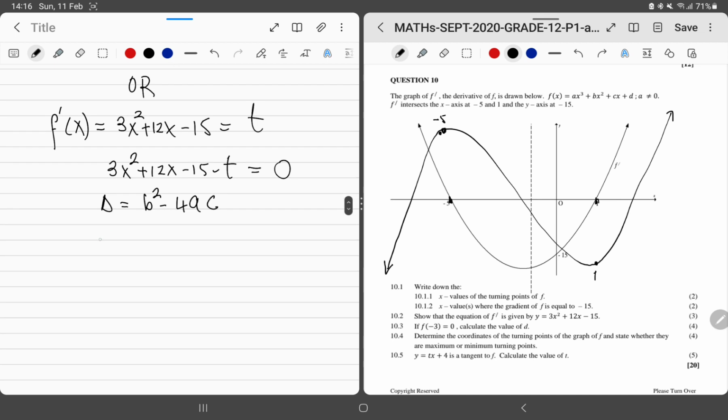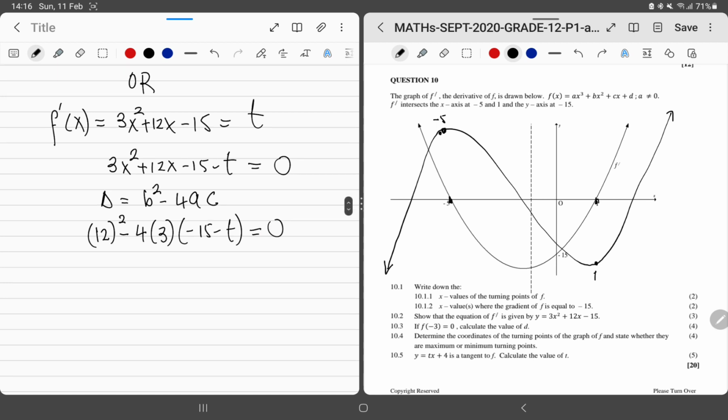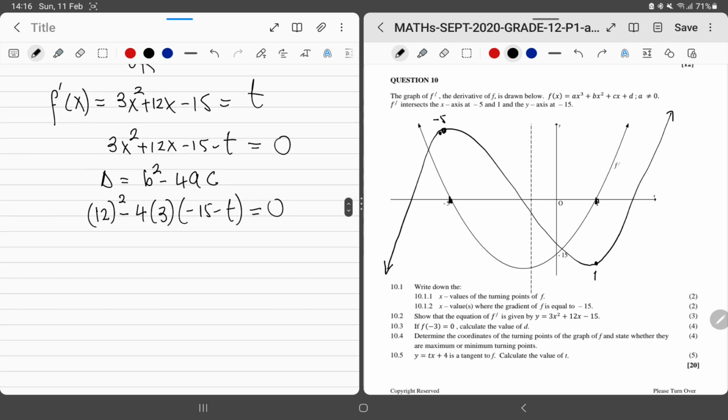And then the value of b, that's 12 squared minus 4. Our a is 3, and then our c is minus 15 minus t equals to 0. So 144 minus 4 into 3 times 15, that's 45 minus 45. And then this is going to be a minus 3t.